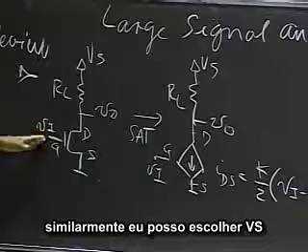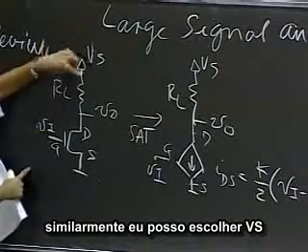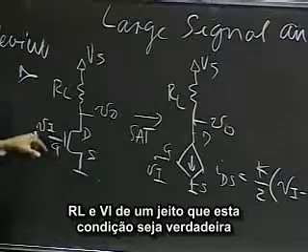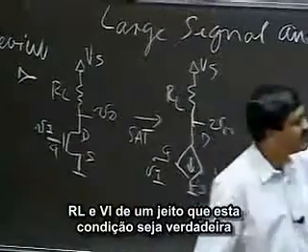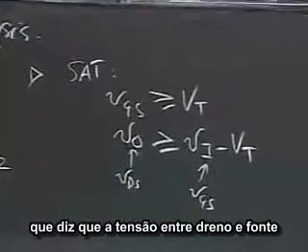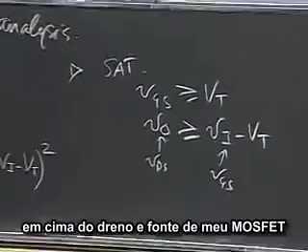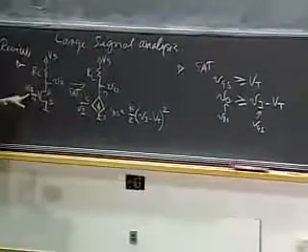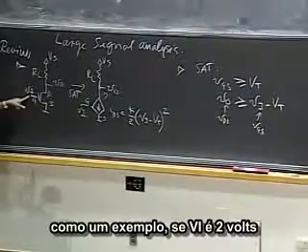Similarly, I can choose Vs, RL, and Vi in a way that this condition is true, which says that the drain to source voltage across my MOSFET should be greater than Vi minus Vt.